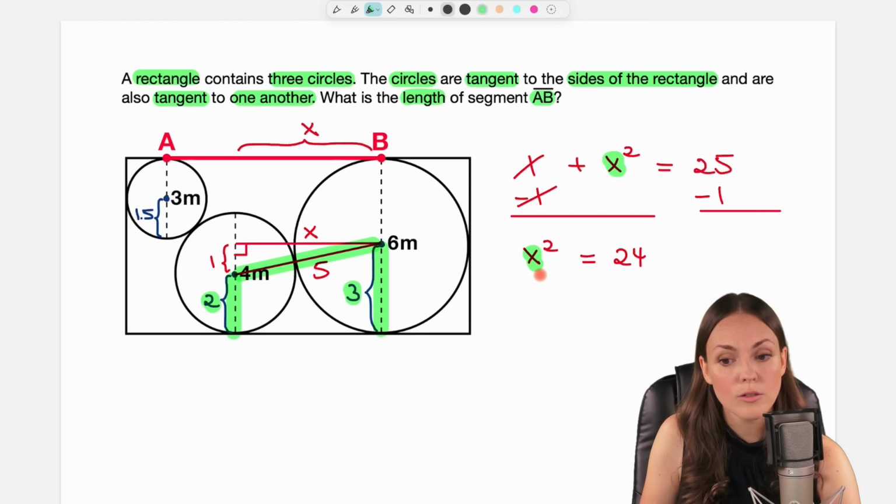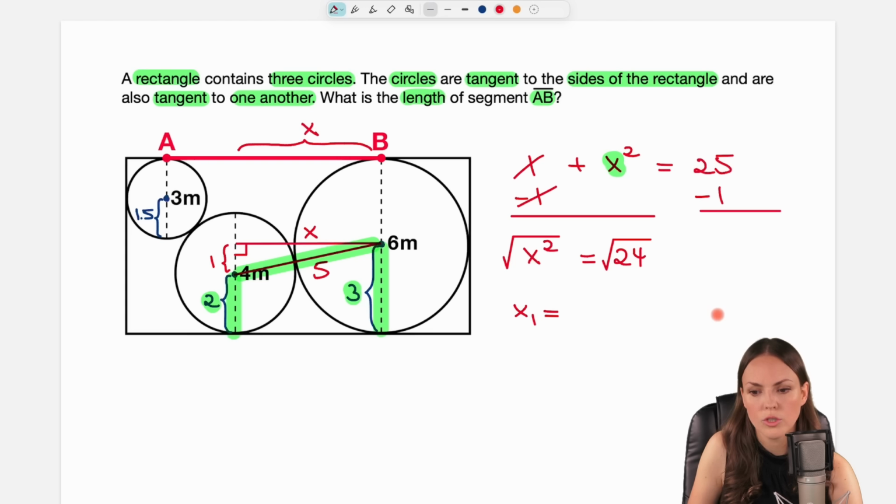To solve for x, we have to get rid of the square. So let's take the square root on both sides of the equation so that we get two solutions for our x. A first, x1, a positive solution, and a second, x2, a negative solution.